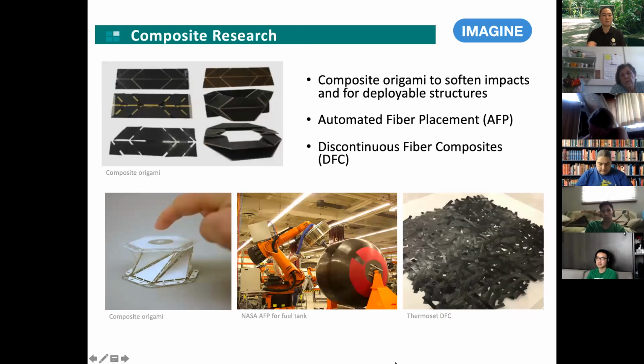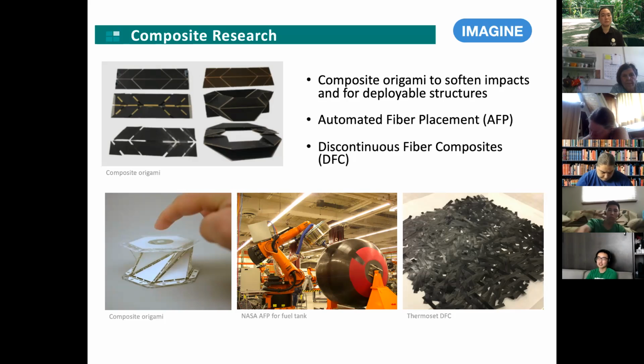Yeah. And then here's some more recent research that's going on with composites. At our university, we have a lab that's working on composite origami. Specifically, they're working on softening impacts, so they imagine something like how SpaceX is trying to make reusable rockets.